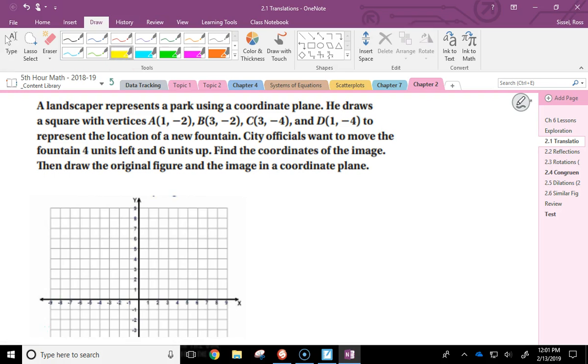He draws a square with the vertices A at 1, negative 2, B at 3, negative 2, C at 3, negative 4, and D at 1, negative 4 to represent the location of a new fountain. Okay, if you have yours, is anyone willing to come up and try and graph those?